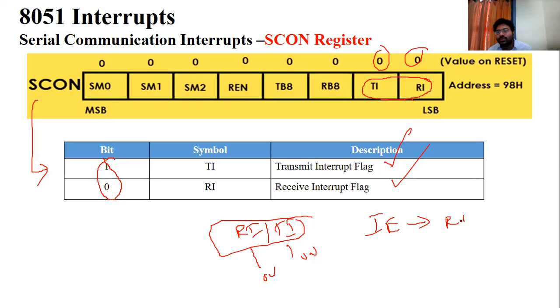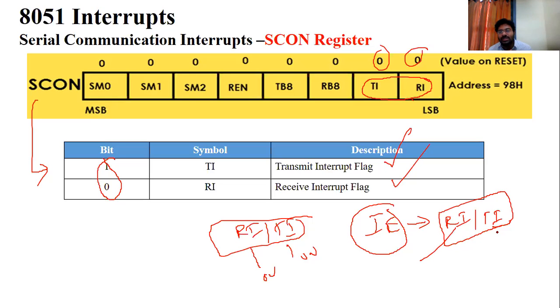Remember, the interrupt enable register is used to enable or disable the 5 types of interrupts: interrupt 0, interrupt 1, TF0, TF1, and RI/TI. RI and TI are two functionalities.